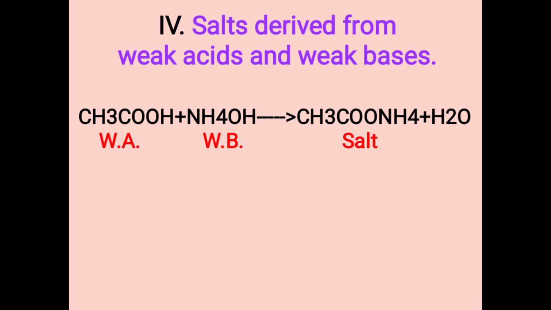So first of all, dissociation of weak acid, that is acetic acid, is CH3COO minus and H plus ion. Means acetic acid dissociates to form an acetate ion and H plus ion. Plus NH4OH, this weak base dissociates to form NH4 plus and OH minus ion.